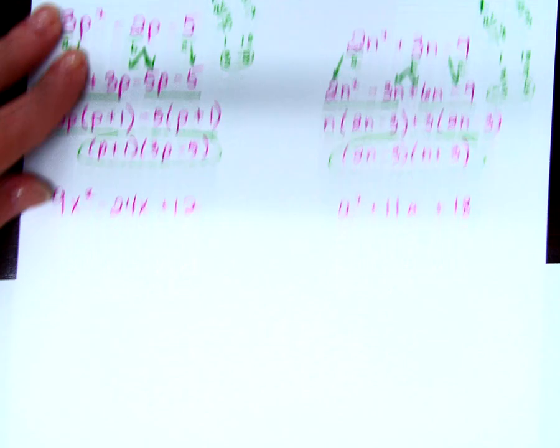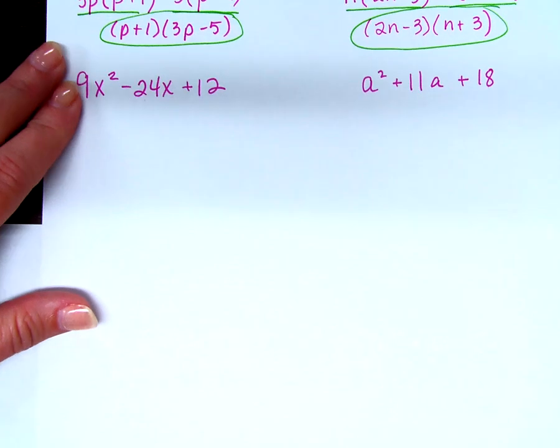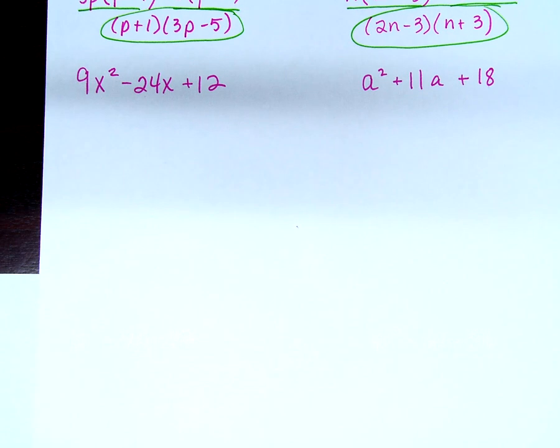And don't we want to try to make it easier on ourselves if at all possible? So when we see a problem like this, 9x squared minus 24x plus 12, our first instinct might be to just go ahead and start A, C, and B. But if I say A, C in this problem, I get, what, 108? Ugh. You want to find all the multiples of 108? Yeah, me neither. But what do you notice about all three terms in this problem? They're all divisible by 3, right?